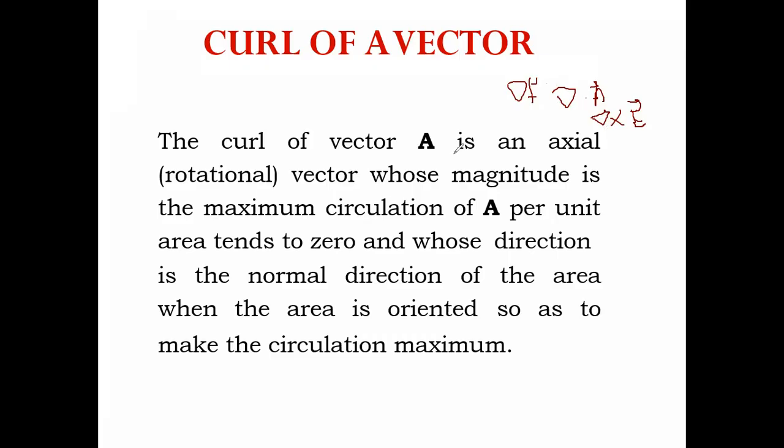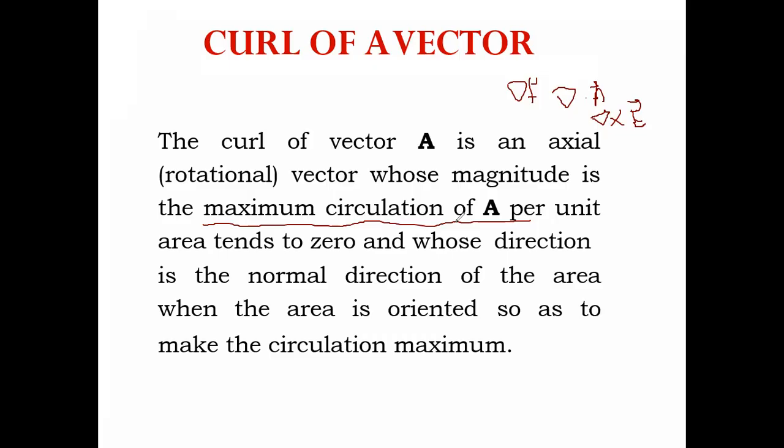At least this much you should know. This is a rotational vector whose magnitude is the maximum circulation of A per unit area. This is the important point. This may be asked. So whether your vector can be circulated or not is determined by curl.